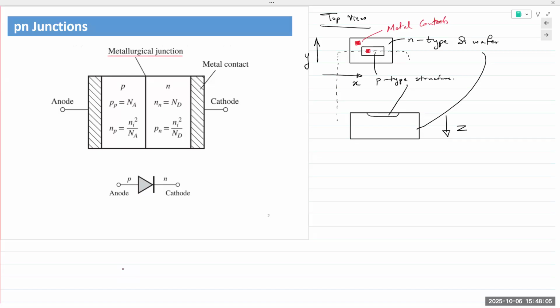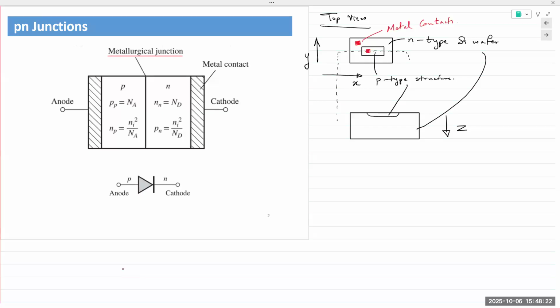I'm just pointing this out because for explanation purposes, we never use something like this. We always use a diagram that looks like this, okay, for explanation purposes. But it's also helpful to know how the physical structure is laid out.